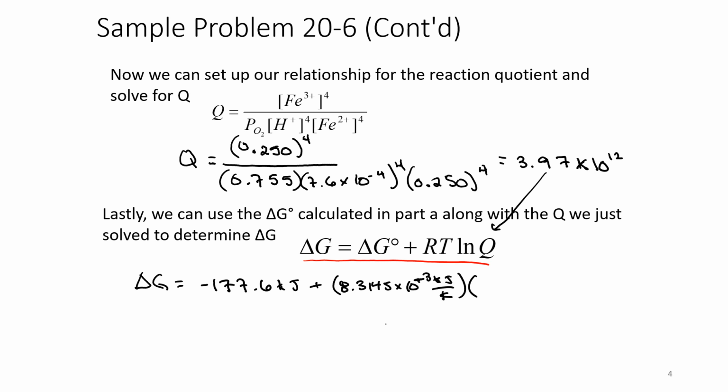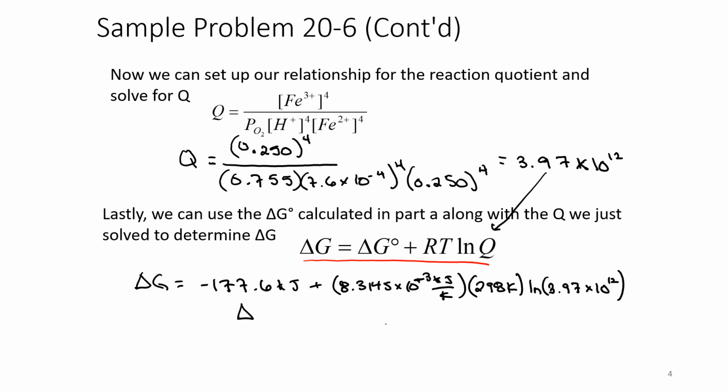Our temperature is at 25 degrees Celsius, so 298 Kelvin. Remember, we've got to have Kelvin. Times the natural log of 3.97 times 10 to the 12th. I find sometimes doing the Q first makes it just a little bit easier. It's less stuff to have to be plugging into your calculator with parentheses and stuff, which is why I did it that way to begin with.